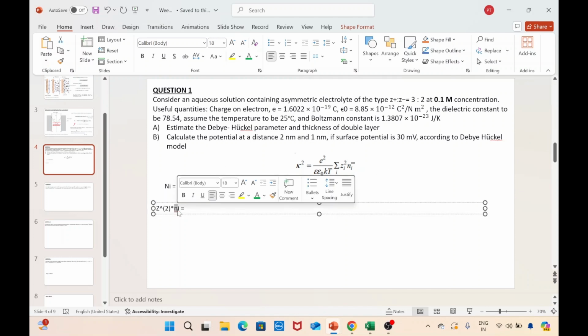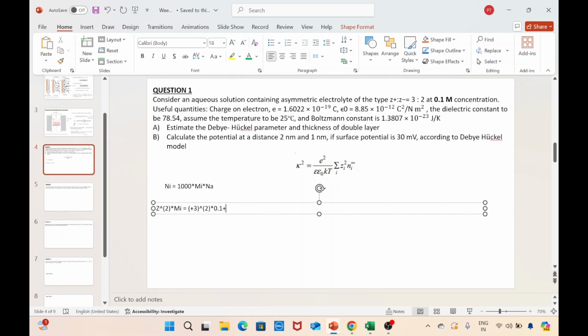So let me change this. You can take Mi or Ci because in the last class we took Ci, but in the course it is given as Mi. So for convenience, let us keep it as Mi. First, for the cation, it will be plus 3 whole square times your molarity, that is 0.1.